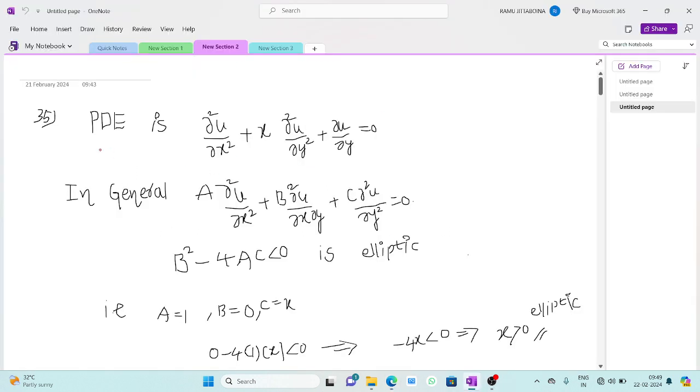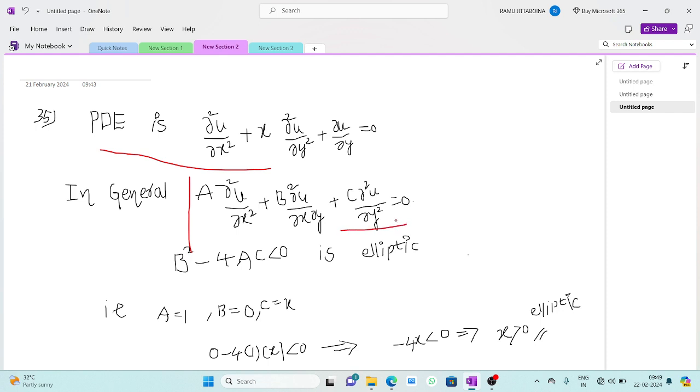So clearly this is a partial differential equation. In the general case, I take a ∂²u/∂x² + b ∂²u/∂x∂y + c ∂²u/∂y² = 0.